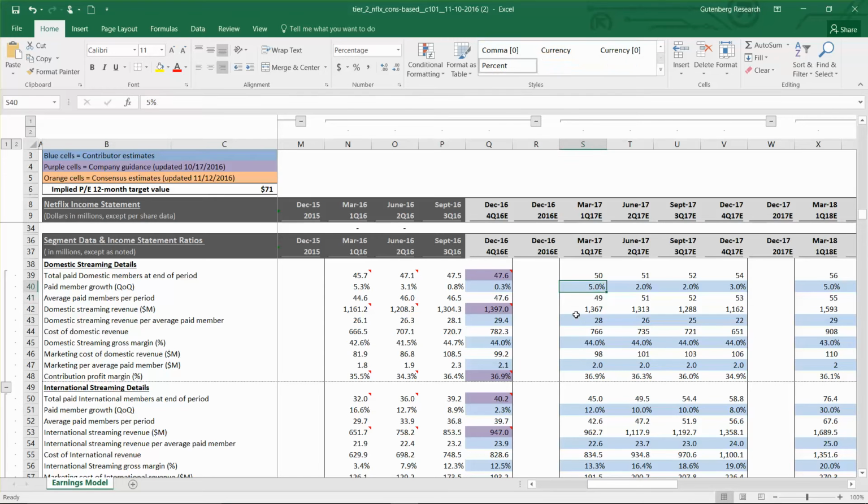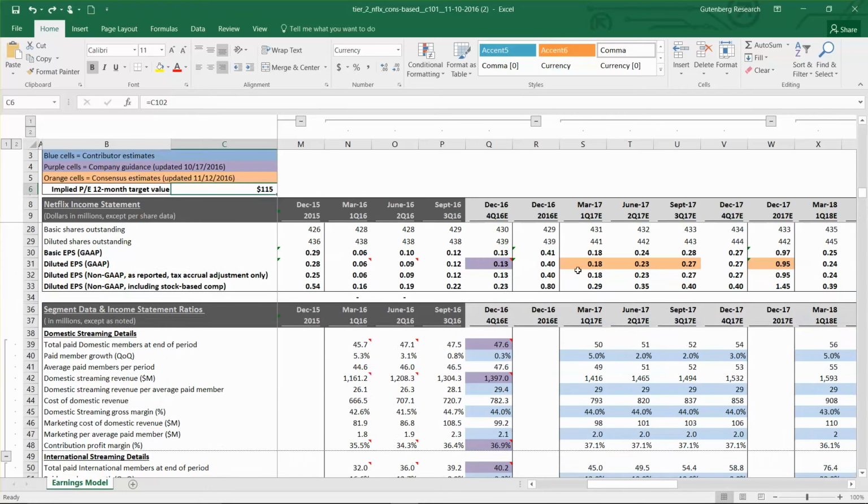You could also bring these growth rates down too. As we do this, the implied price target has come down quite a bit, but that's a pretty drastic change in overall earnings there. So I'm going to undo that for now, and you can see it goes back up to our 115 price target.